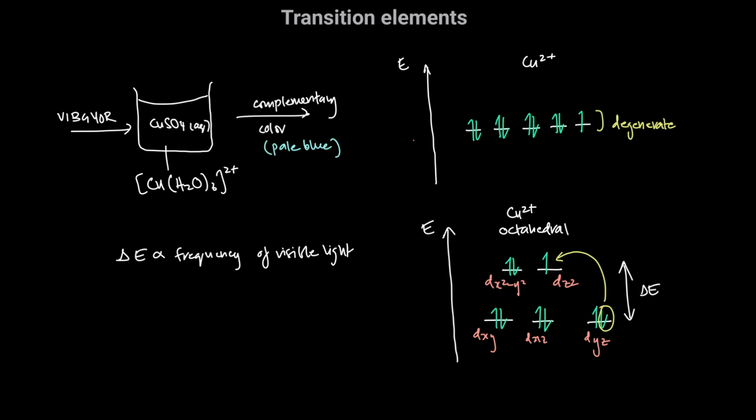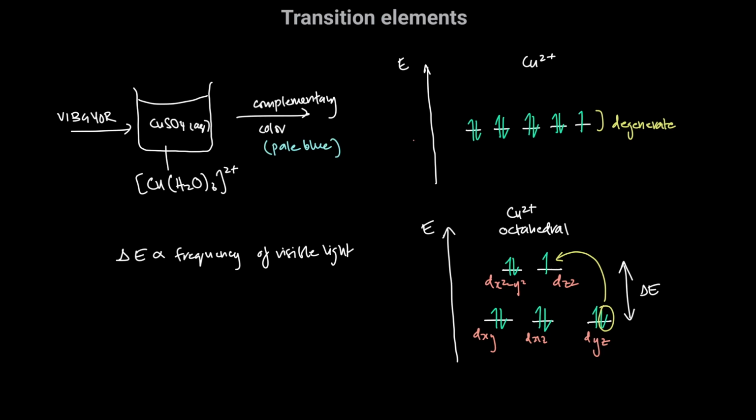So blue light and red light are absorbed by the plant, whereas the color that you observe is the complementary color, green. In our case, a specific frequency was absorbed, and you observed the complementary color, which was pale blue.